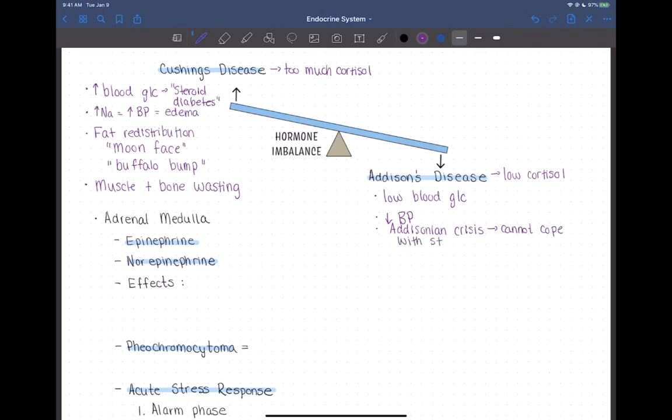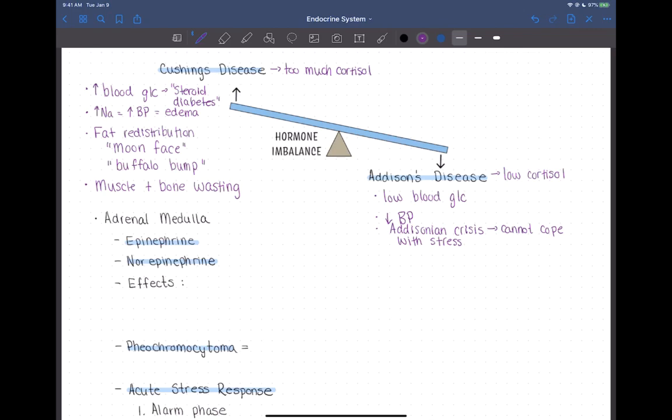All right, and so an example of this would be maybe a sudden temperature change. We live in Georgia, so maybe going from a very nicely air-conditioned house to like the middle of the summer, 90 plus degrees outside, could be difficult for someone with Addison's disease because they would have a hard time coping with that change in temperature.